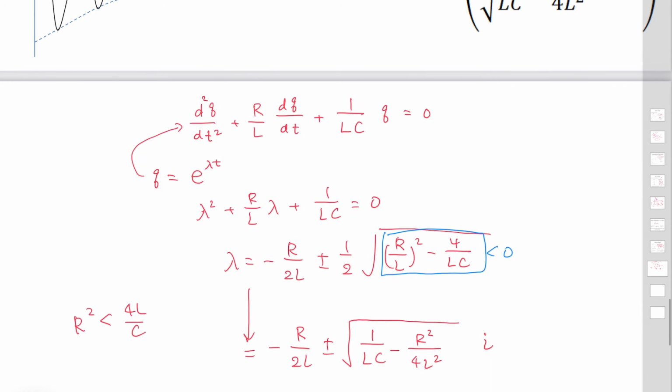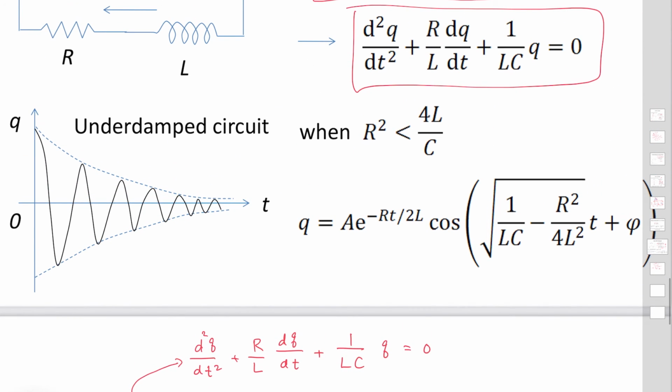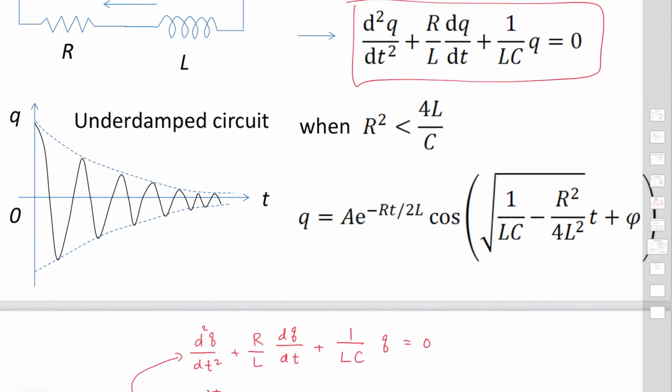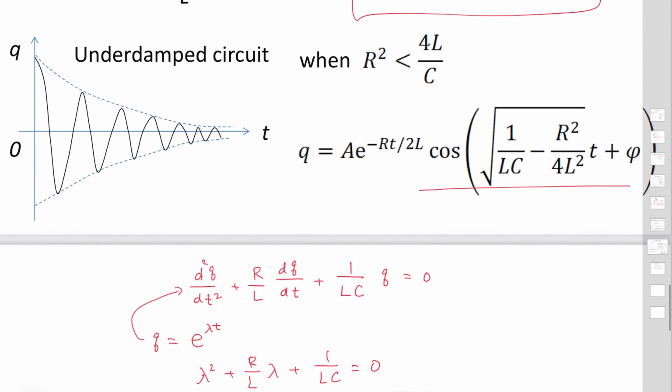If you are interested in finding the solutions, maybe it's better to take my differential equation course in future. So the answer is expressed with cosine or sine functions, but in this case I choose the cosine function.